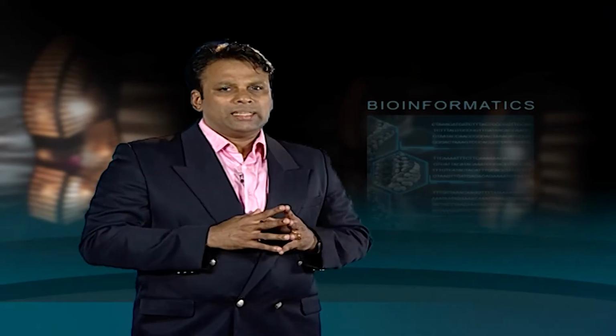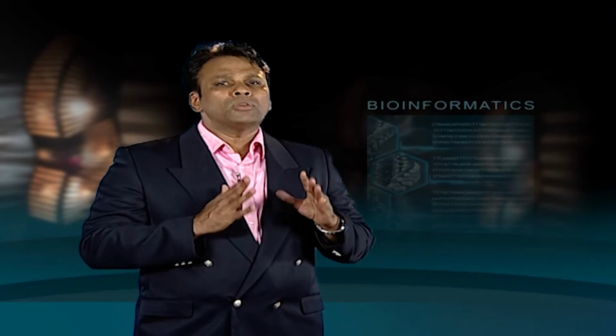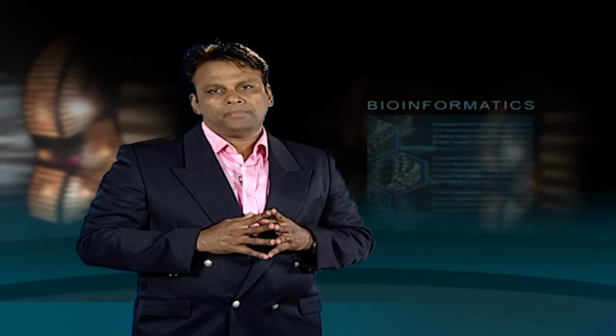He thus named this chromosome as X element to represent its unknown nature. About 10 years later, Clarence Irwin McClung, an American biologist, discovered the role of sex chromosomes in sex determination. He came up with a proposal that the accessory chromosome must influence the sex in a zygote.